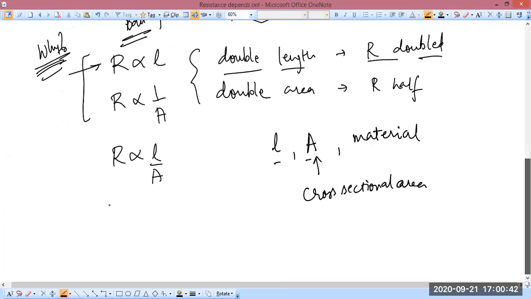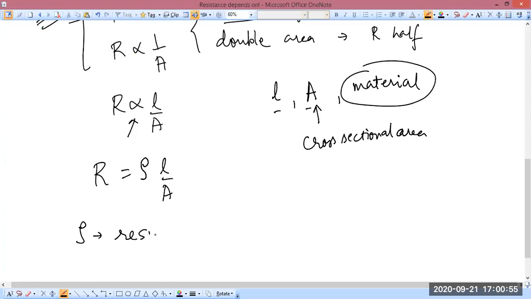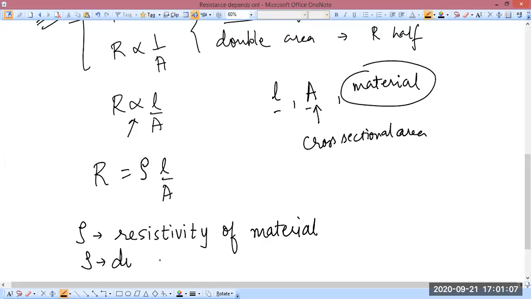So that's why when we remove this proportionality sign, we write something called rho, where rho depends on the material. Rho is called the resistivity of the material, and resistivity does not depend, I repeat, does not depend on length or area.